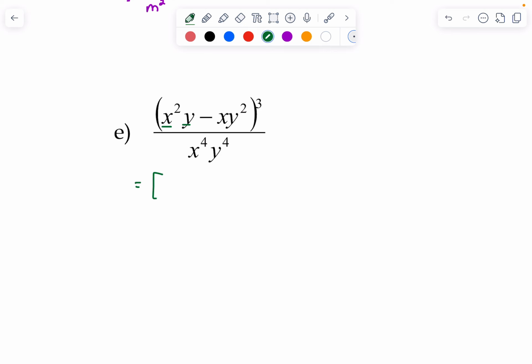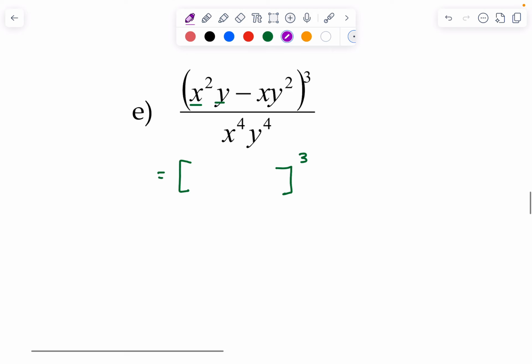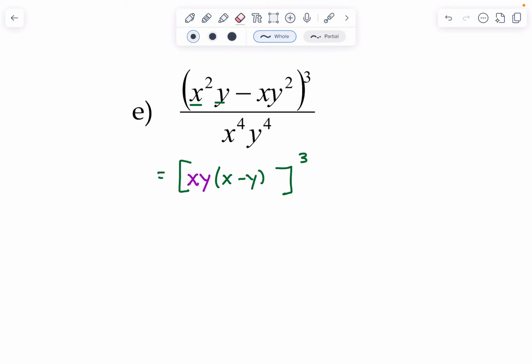And inside that bracket, so it's still being put to the power of this 3 here, I'm going to factor out an x and a y from those 2 terms you see there. So in this first one, if I factor out an x and a y, I'll be left with just an x. And if I factor out an x and a y from the second term, I'll be left with just a y. So my bracket is a little too big, so I'll just reduce it.